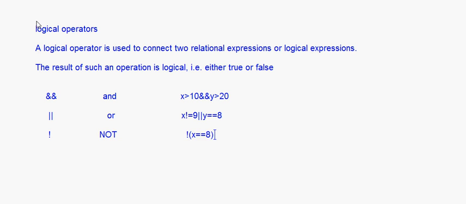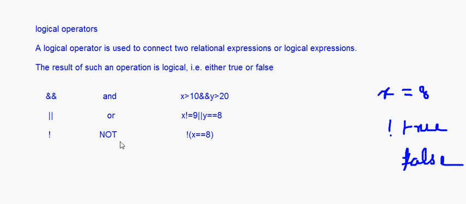And let's say the value of x is 8, then x equal to 8 will give true, right? So not true means it is a false, right? So NOT basically changes true into false and false into true, right? Now let's look at some of the rules of the logical operators.